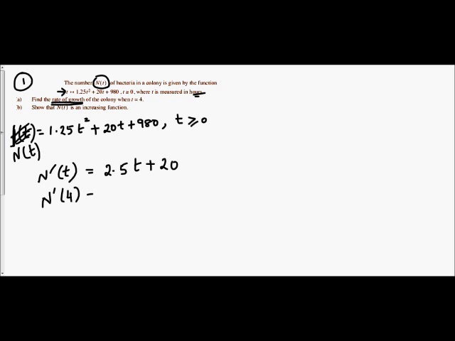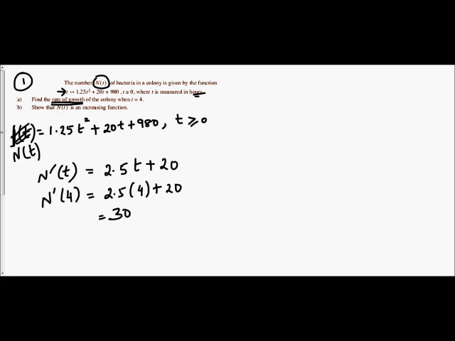So N dash of 4 would be 2.5 times 4 plus 20, which would be 30. So this is the rate of growth of the colony at time t equal to 4 hours, that is, 4 hours after the colony has been observed.